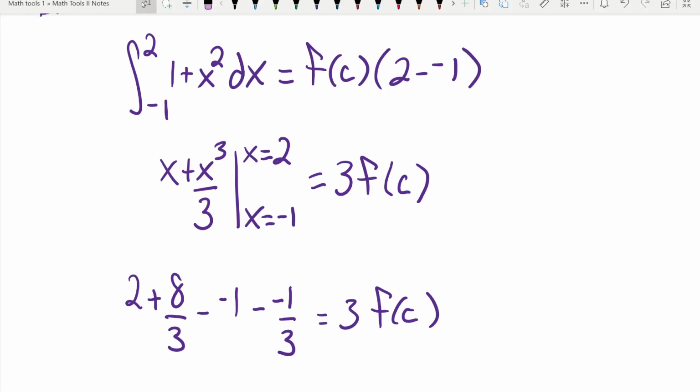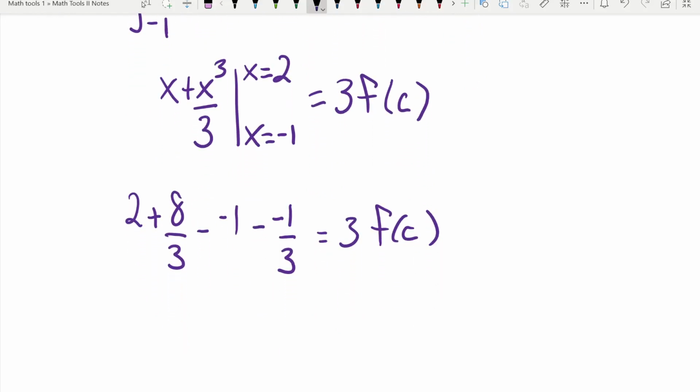On the left side here, we get 2 plus 8/3 minus (-1 minus 1/3). So these will be pluses. 8/3 plus 1/3 is just 3, and 2 plus 1 is also 3, so we'll get 6. And then we divide by 3, so we just get 2.